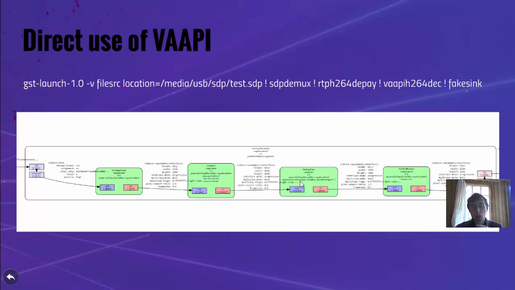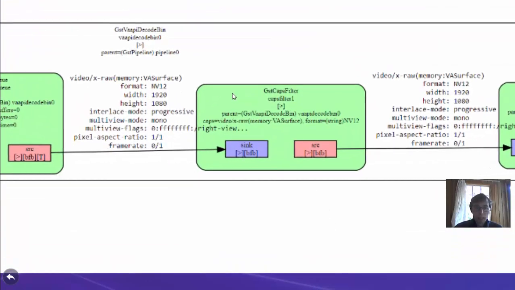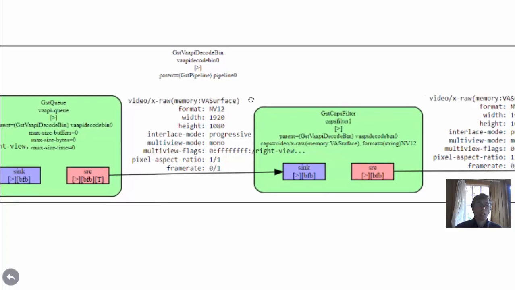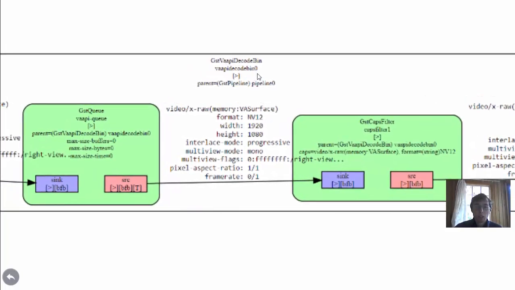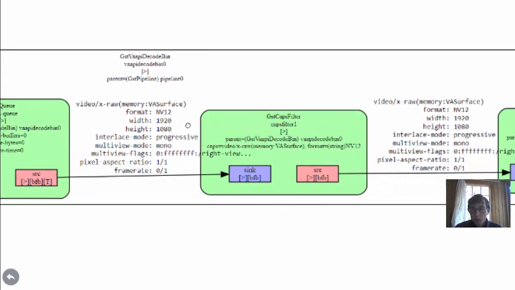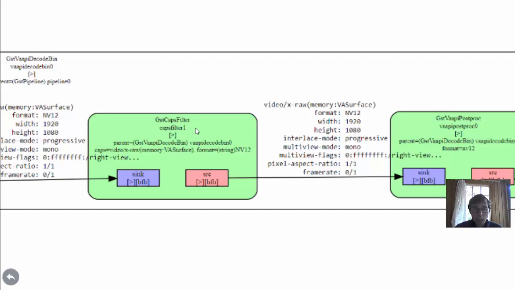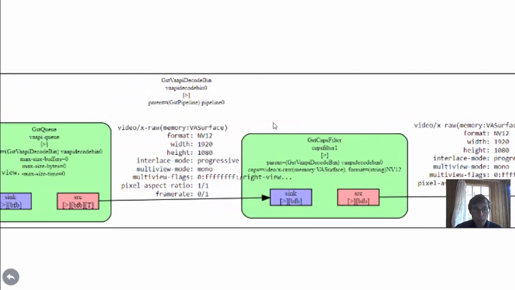Now this is about how GStreamer draws the pipeline. One example is if we play directly from the SDP, for example, using the H264 decoder with VAAPI. Looking at the graph created with GStreamer, we can see that it uses VAAPI decode bin, and on the decode bin we can see that it directly uses VAAPI memory.